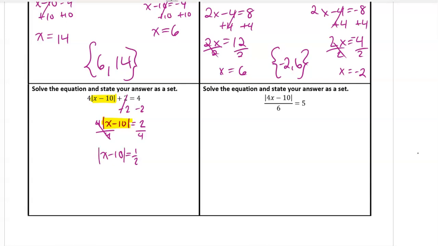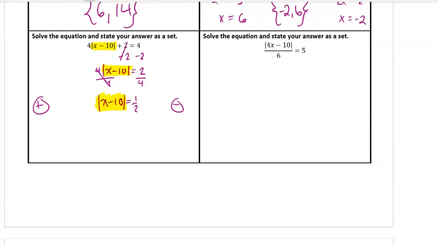All right, now the absolute value is all by itself. It says the absolute value is equal to 1/2. 1/2 is a positive number. We can go ahead and start with our positive and negative solutions. On the negative side, the 1/2 becomes negative. We add the 10.